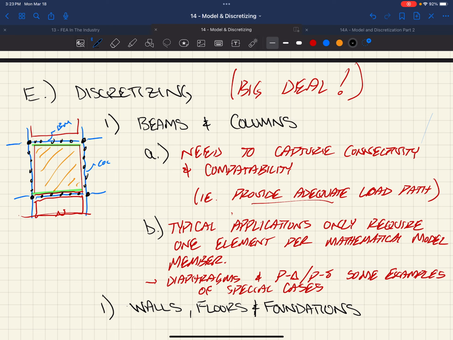Another example is our P delta, which we've talked about multiple times now, right? If we had a column and it had axial load on it, it's going to deflect something like that. That's not even really right, but it's going to deflect something like that, right?